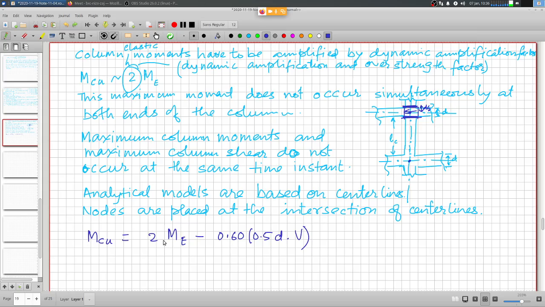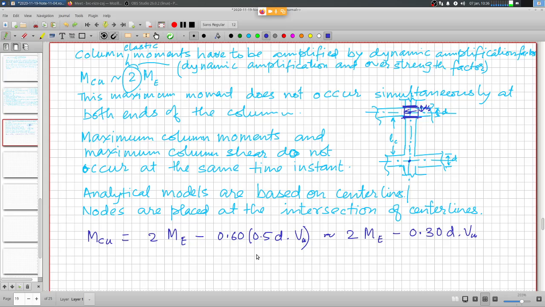So that will reduce the moment at the beam column junction to about twice the elastic moment minus 0.3 times the beam depth multiplied by the ultimate shear that we compute.